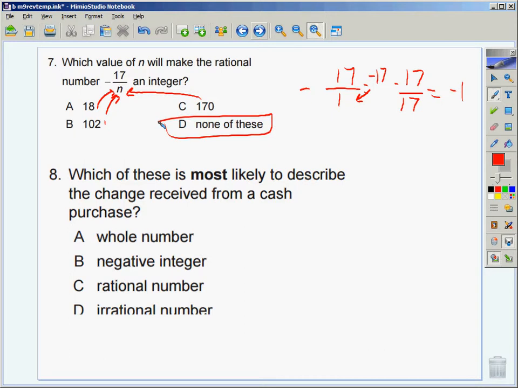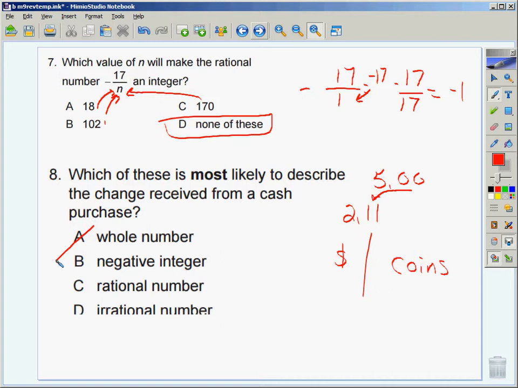Which of these is most likely to describe the change you received back from cash? A purchase? Well, most likely you're going to purchase something that's some dollars and cents. Maybe it's $2.11, and you give them a $5 bill. Most likely you're going to get some coins, in other words, a fraction of a dollar, and you're going to get some dollars back.